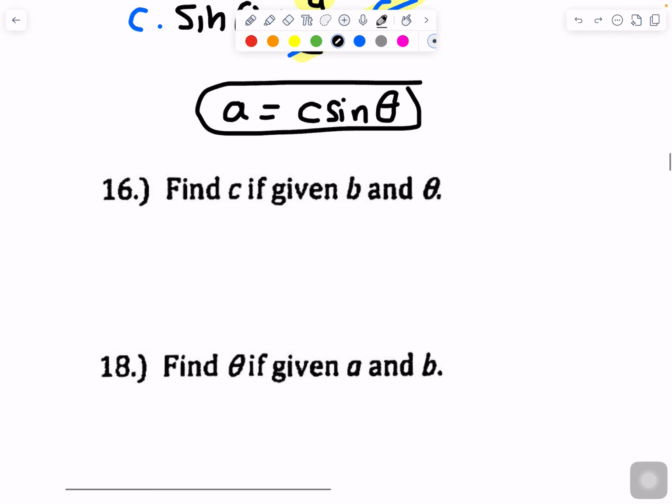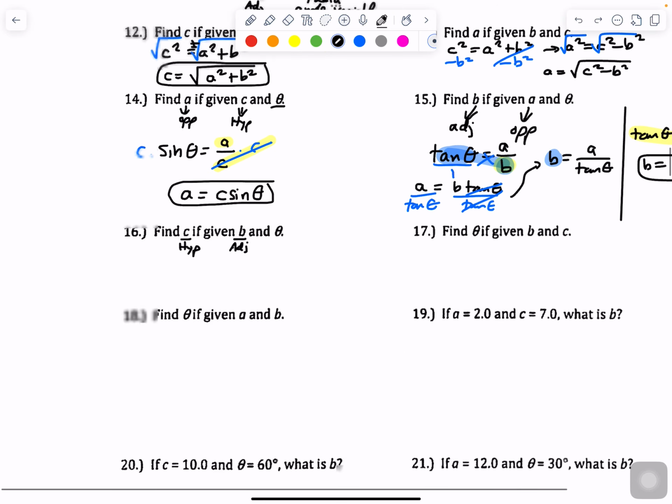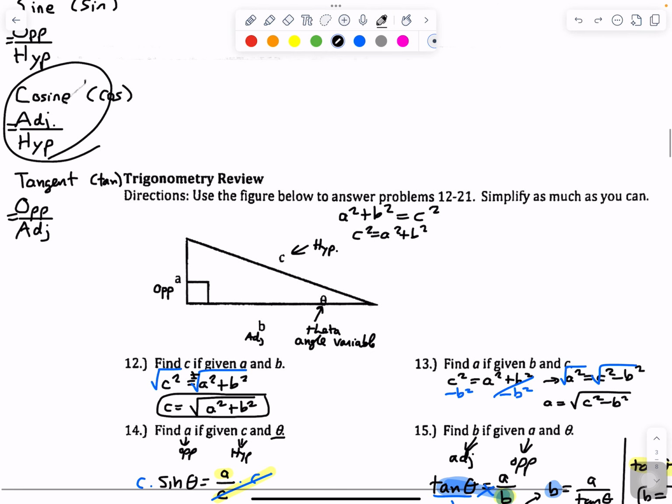Number 16, find C if given B and theta. Well, side C is the hypotenuse. B is the adjacent side. The only trig ratio that goes with adjacent side and hypotenuse would be cosine.